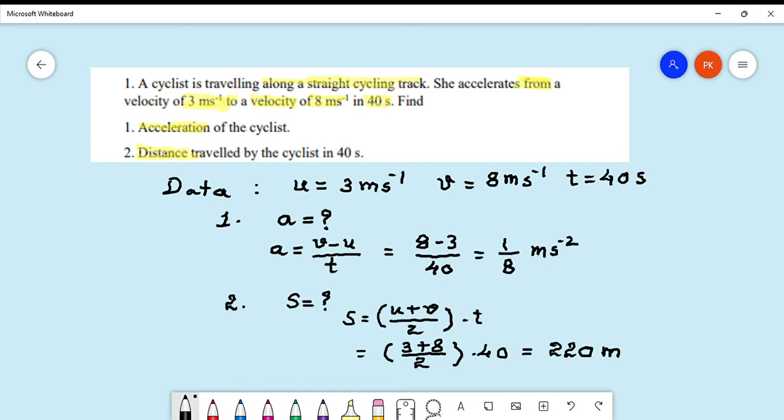So let me put the second problem on the board. Have you gone through it? Any doubt anywhere? So, yes. So let me put the second problem now.